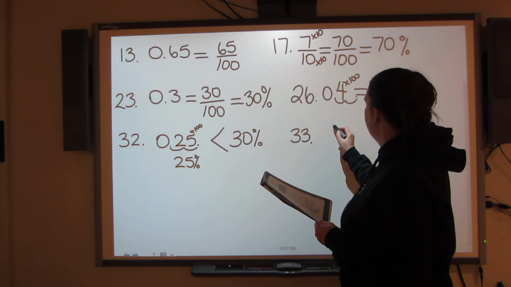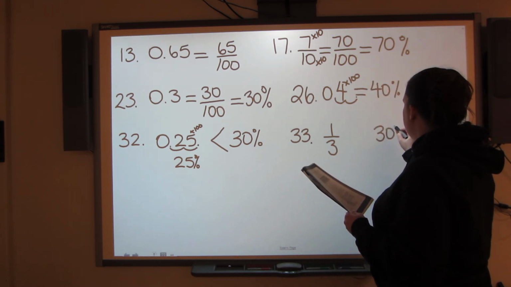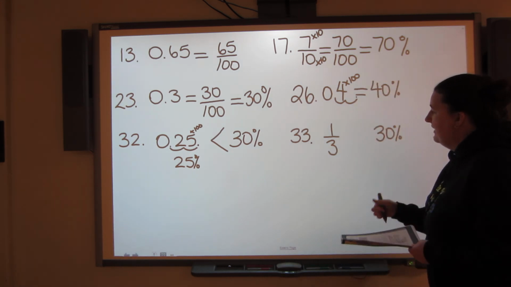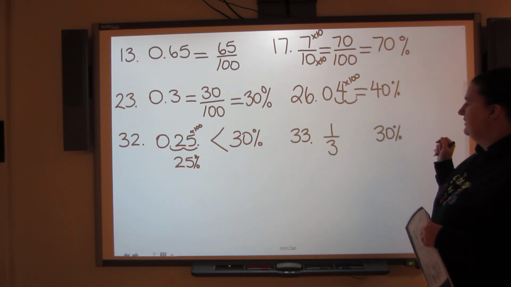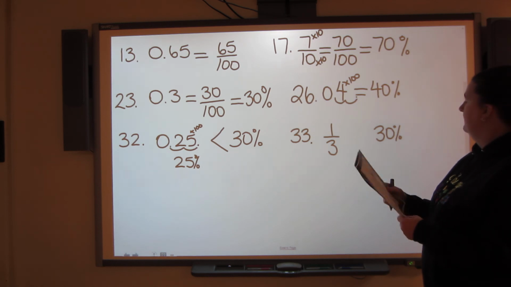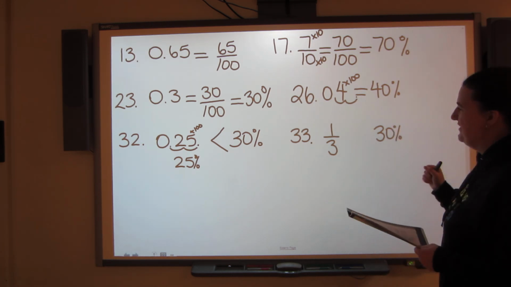For number 33, I have 1 over 3, and I need to compare it with 30%. Now, there's lots of different ways to do this. I'm going to change my fraction to a percent.